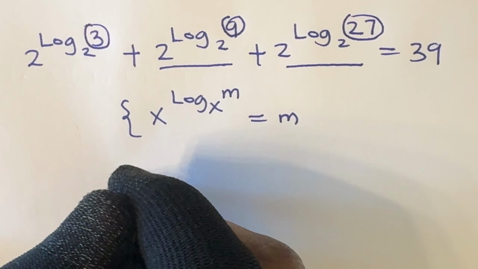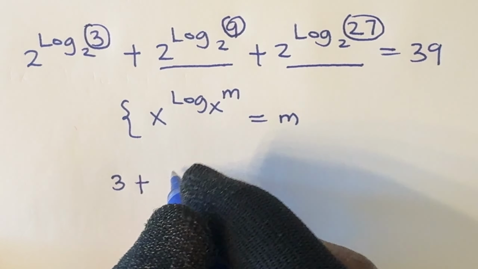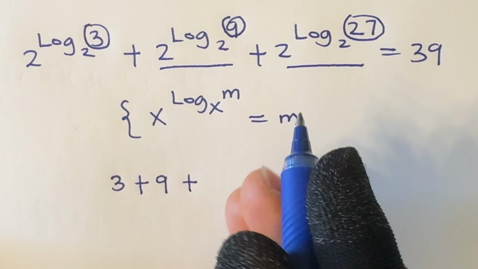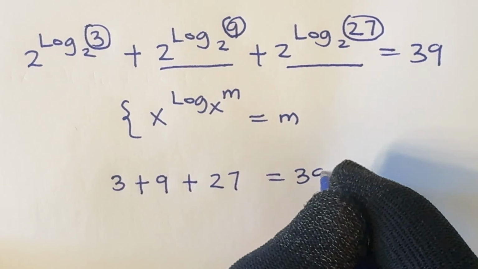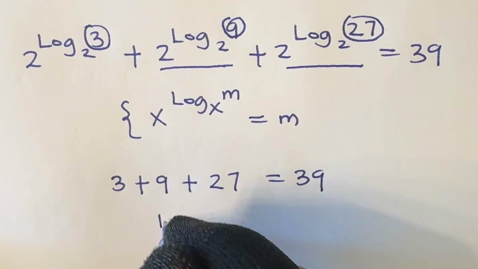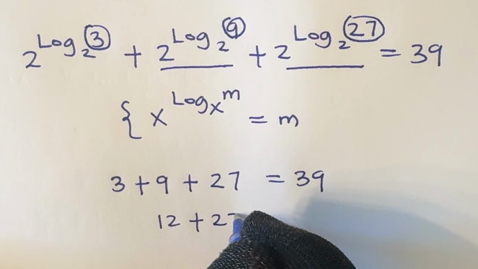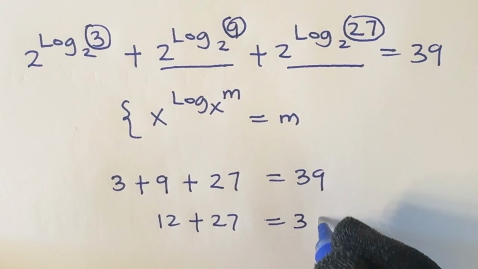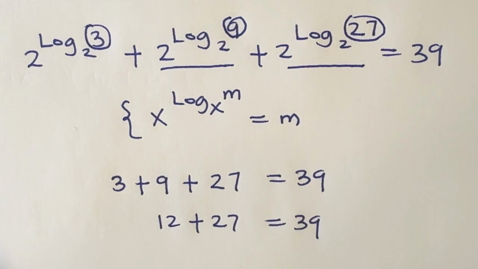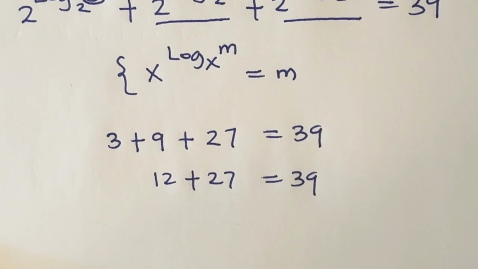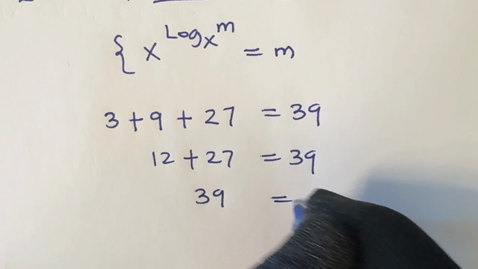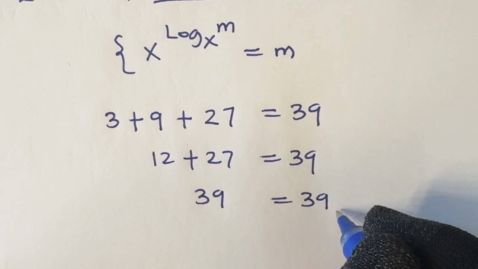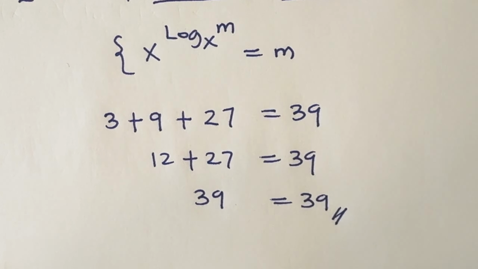Therefore, we would have 3 plus 9 plus 27 is equal to 39. This is 12 plus 27 is equal to 39, giving us 39 is equal to 39, confirming that our solution is correct.